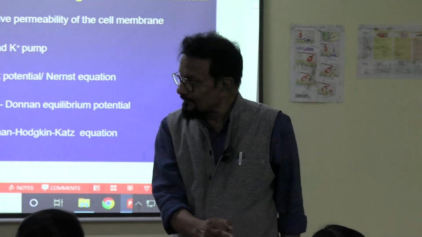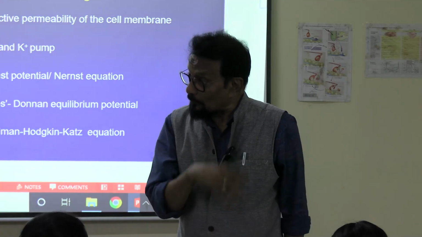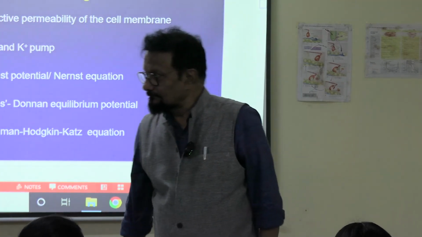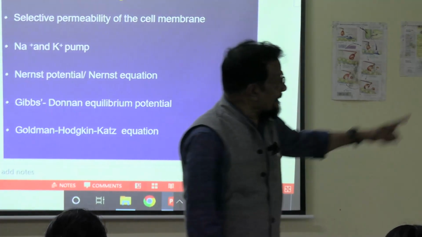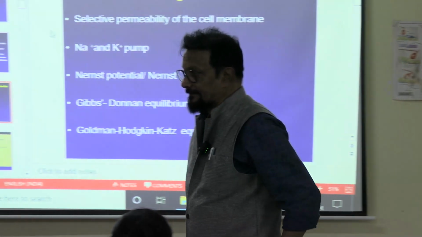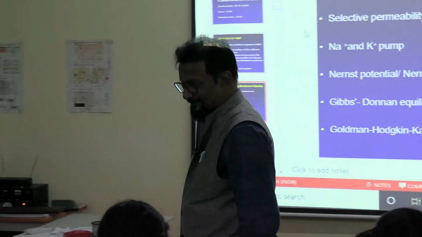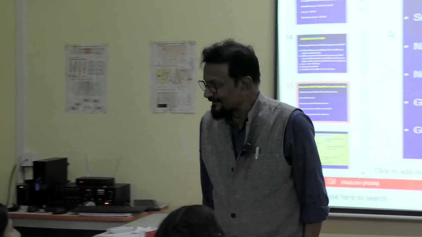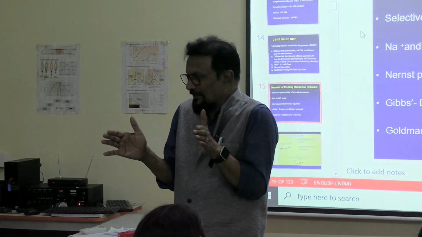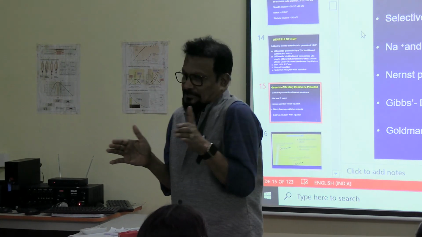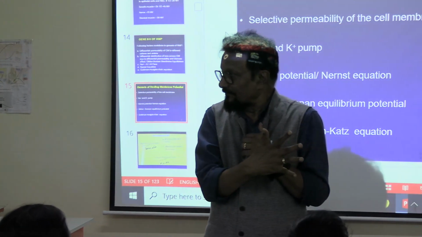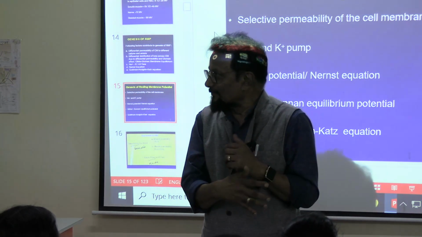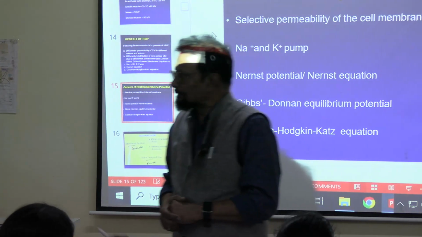So this is one difficulty, a problem with sodium only. Another problem is created by the sodium gate. For sodium, the gate is narrow. So it has to pass sideways. It cannot rush in. Whereas potassium can easily move.